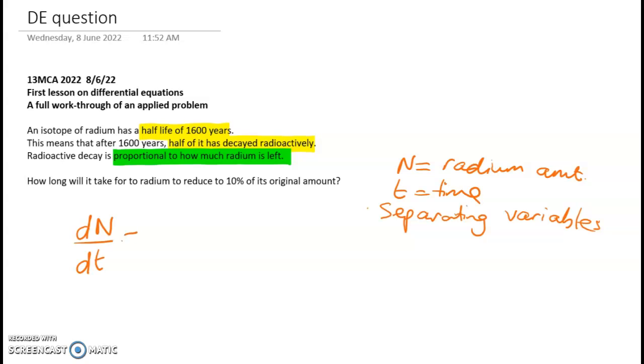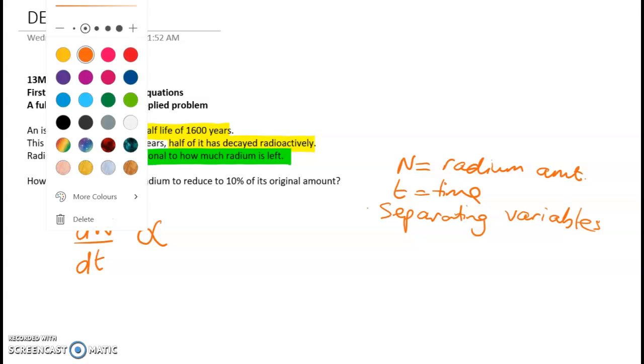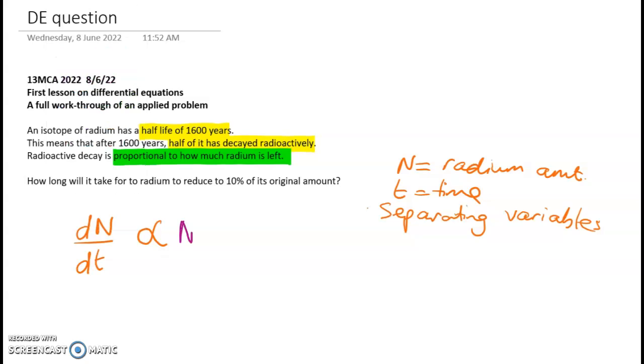So the rate of change is proportional to how much is left, and we can write how much is left as N. Now, we know that that amount is decreasing, so I can write that as negative k times N.